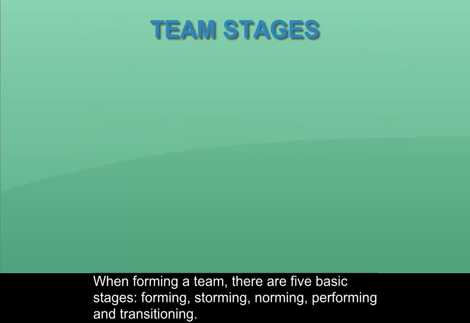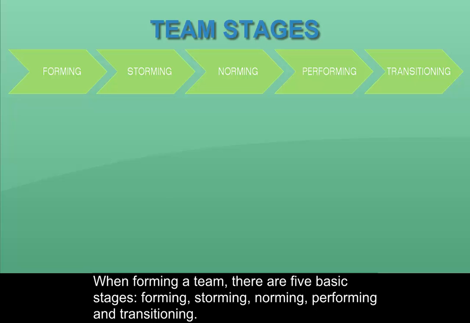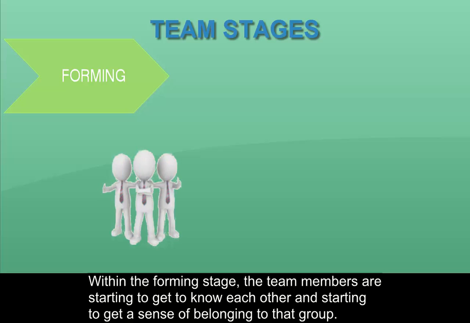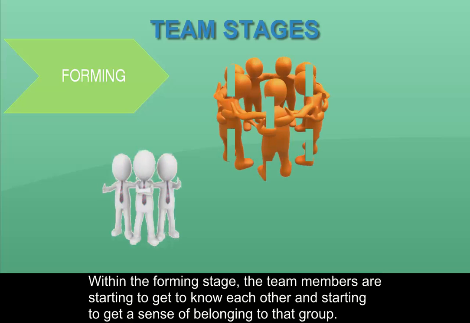When forming a team, there are 5 basic stages: forming, storming, norming, performing, and transitioning. Within the forming stage, the team members are starting to get to know each other and starting to get a sense of belonging to that group.